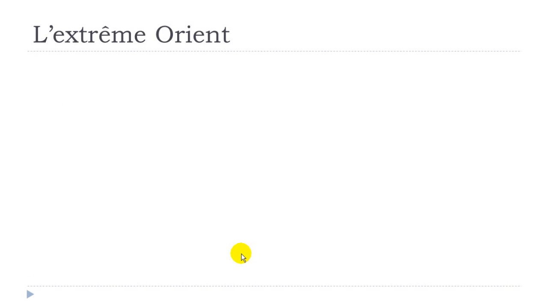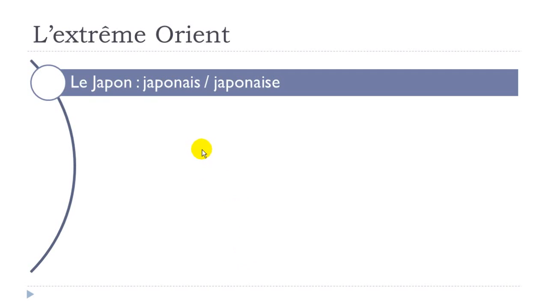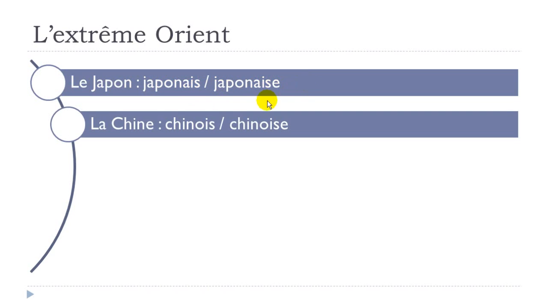Okay, and now for the nationalities, each time I will put the masculine form and the feminine form. Le Japon, japonais, japonaise. The only difference is there, est, aise. La Chine, chinois, so it's really this wa wa sound, remember?